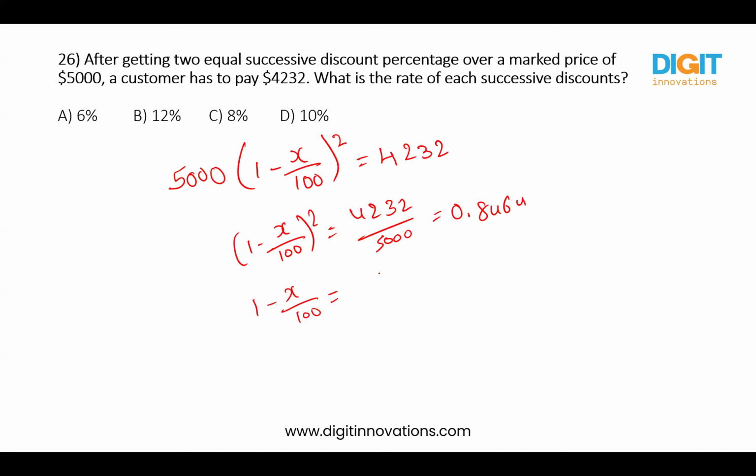So the root of 0.8464, you'll get 0.92. So x by 100 equals, when I move this value to this side, you'll get 0.08. When I multiply 100 into 0.08, you will get 8%. So option C is the answer.